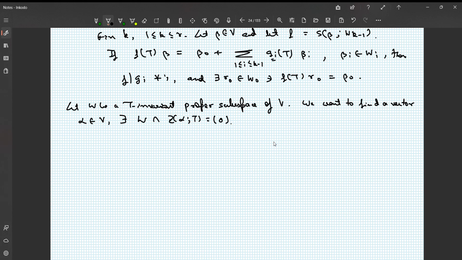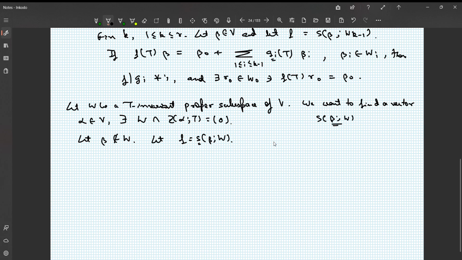What we do is that we choose a vector beta which is not from W. Let beta be not in W. We consider the T conductor of beta into W. Let F be the T conductor of beta into W. So this is small s. We have two notations.